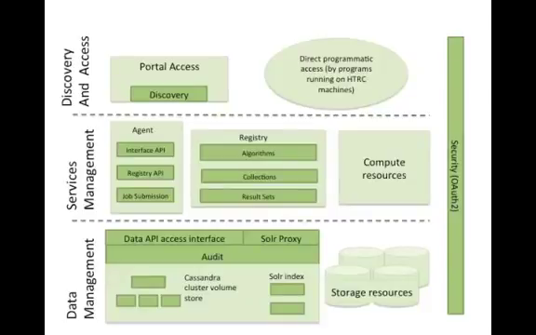This is a little more complicated architecture, and we'll actually talk about this in detail in a subsequent video, but I did want to show you the layers for this system. There's discovery and access, so again, analogous to the user interface layer.